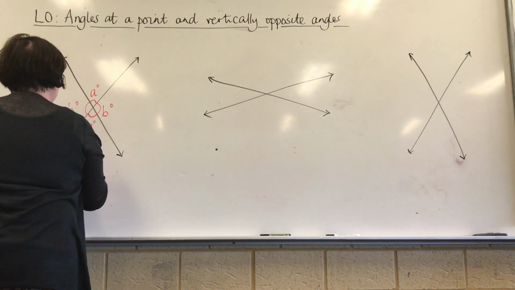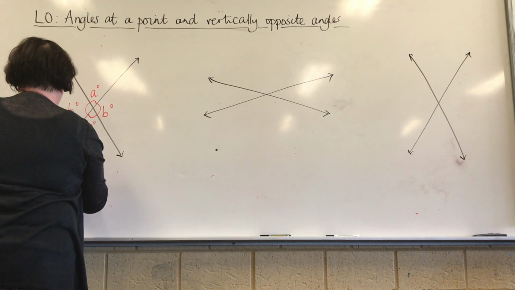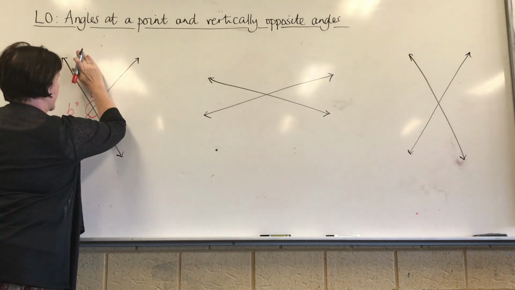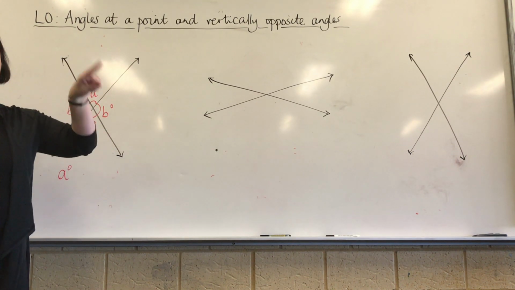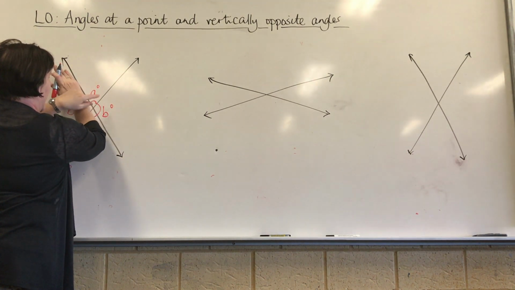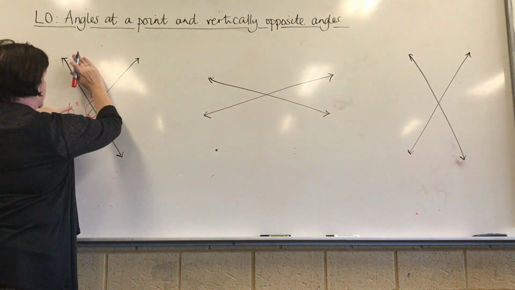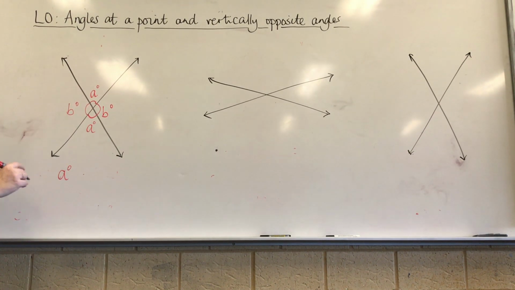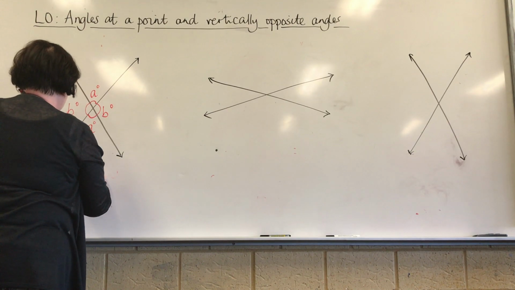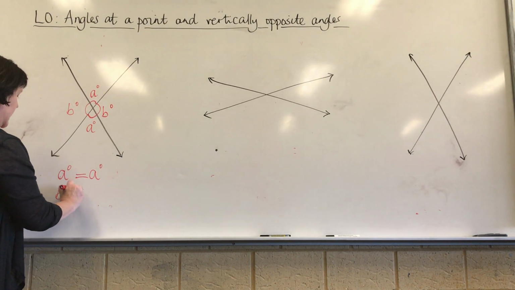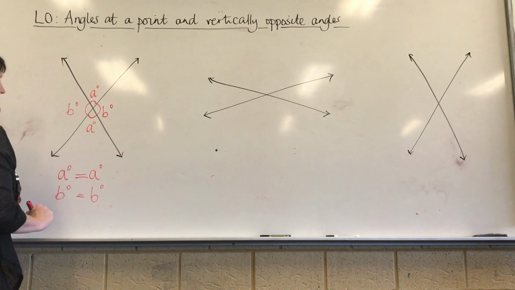That's 180 and that's 180, so altogether they'll add up to 360. Do you see what I mean? That's why they're the same, because A and B have to add up to 180. So A equals A degrees and B equals B degrees.